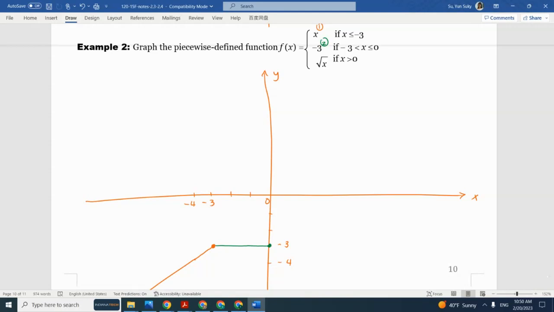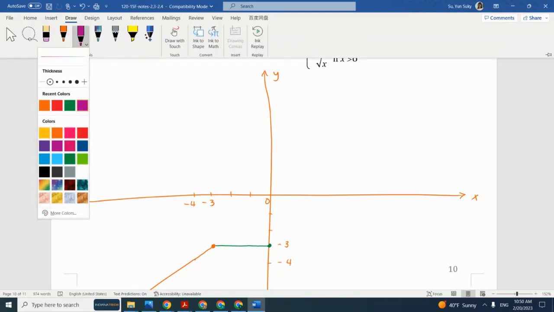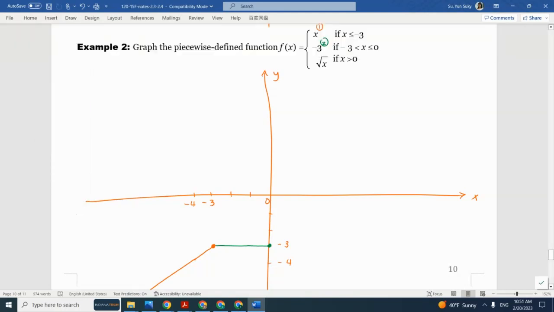And then the third piece, do we include 0? No. And square roots. So we plug in 0, we get 0. We plug in 1, square root of 1 is 1. What is the next integer point? Square root of 4, we get 2.